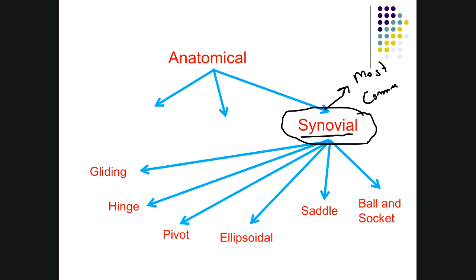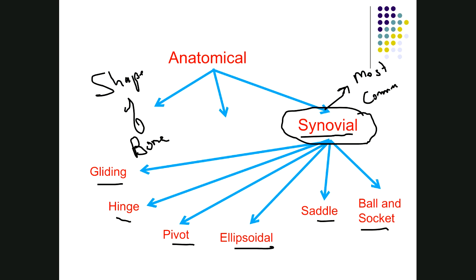When you look at them, there are 6 types of synovial joints. The types are determined by the shape of the bones at the joint, and these shapes are going to determine what kind of movements we get.